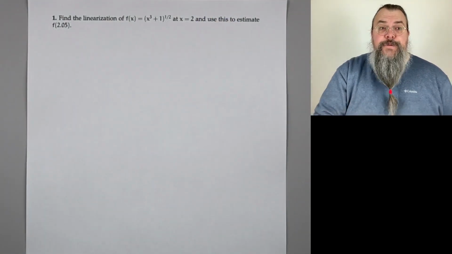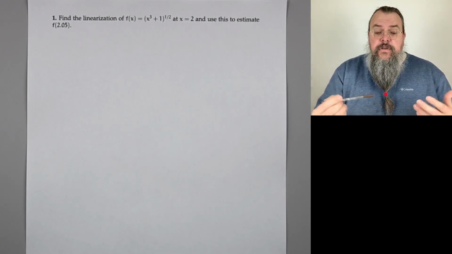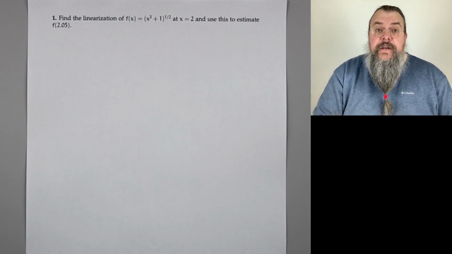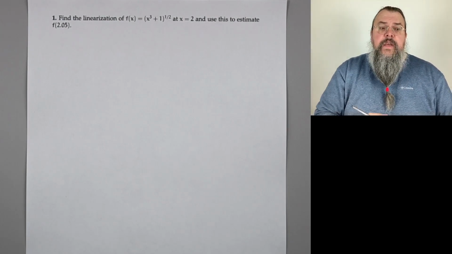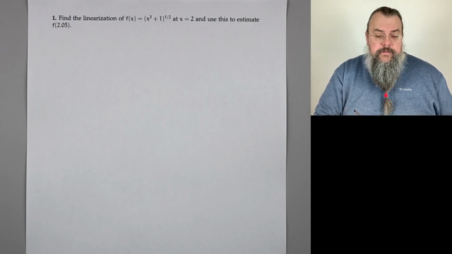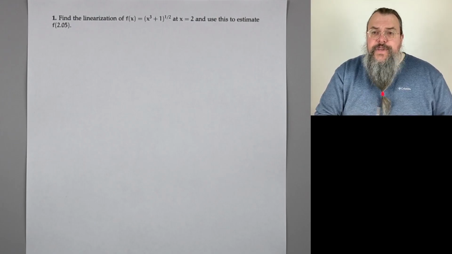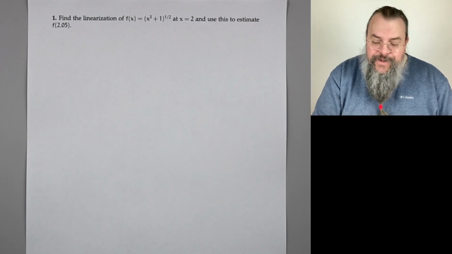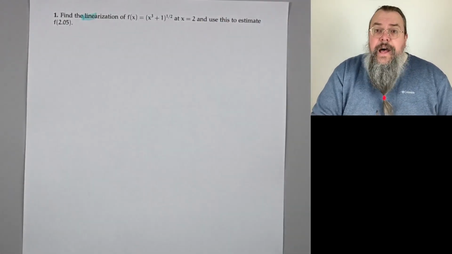Our first problem. Find the linearization of f of x, which is x cubed plus 1 to the 1/2 power, at x equals 2, and use this to estimate f of 2.05. Now, you might say, okay, what does it mean to do linearization? And there's actually a big clue. The word linearization starts as line.